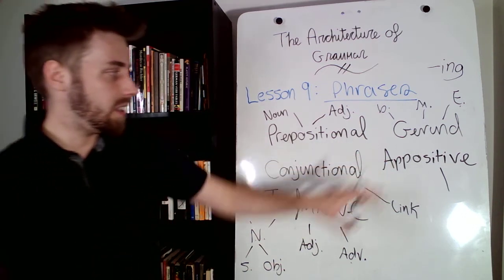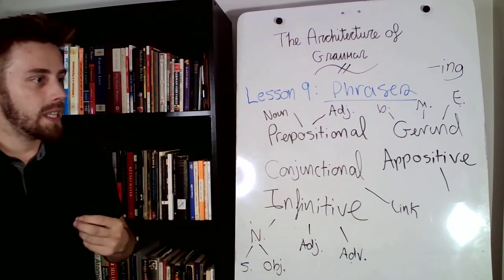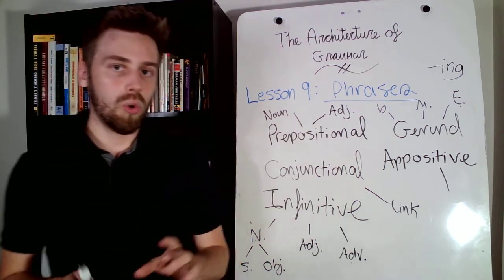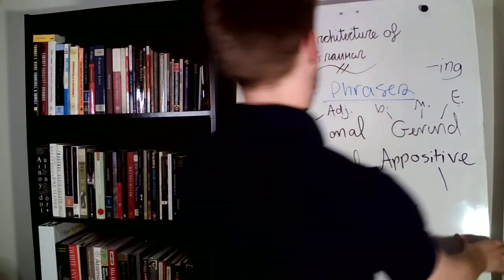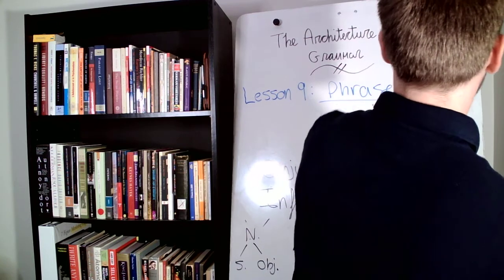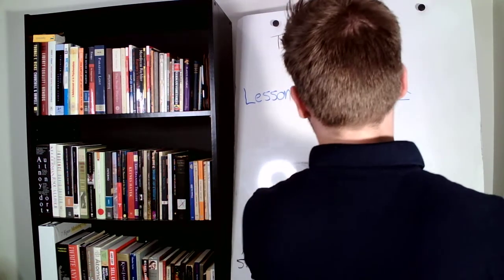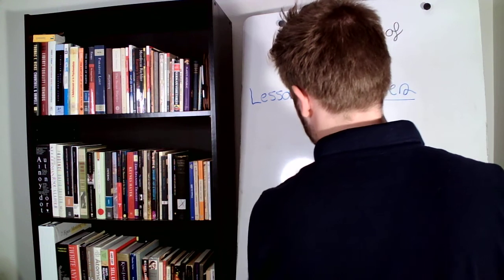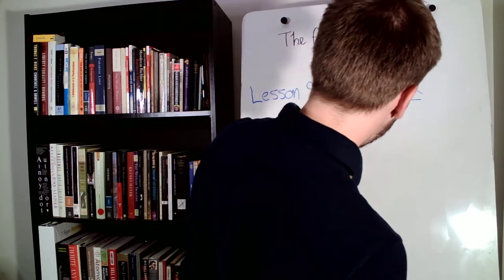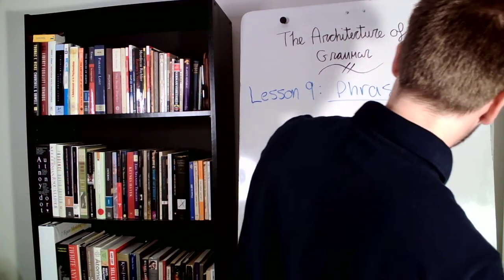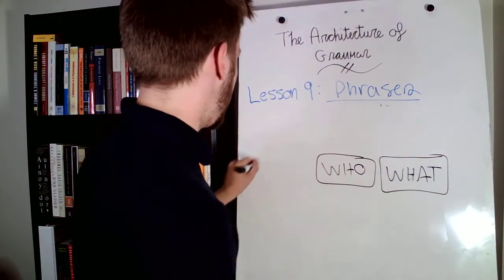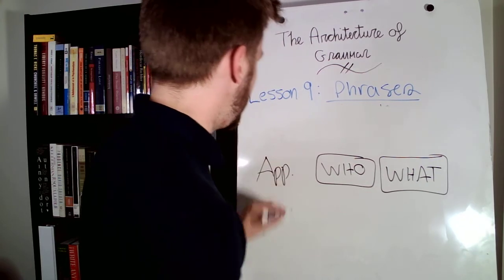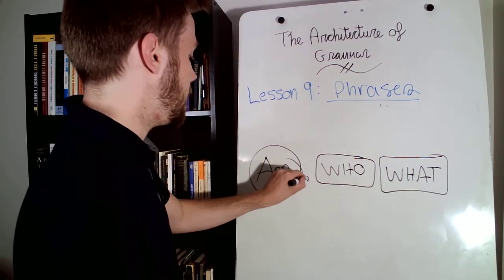Now finally, appositive phrases simply rename the who, or the subject, if you will. If I erase this to give you a quick example, because this is a type of phrase that is not very mainstream or much used, we have our who and we have our what, and the appositive will go first and will often be set off with a comma.